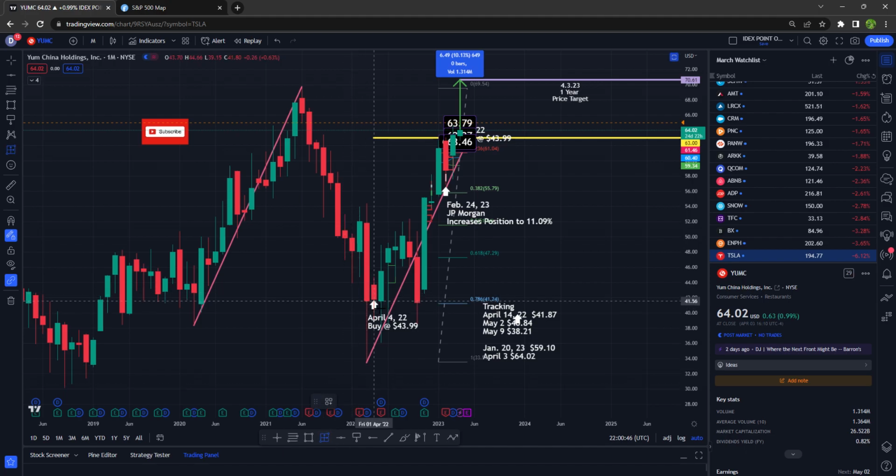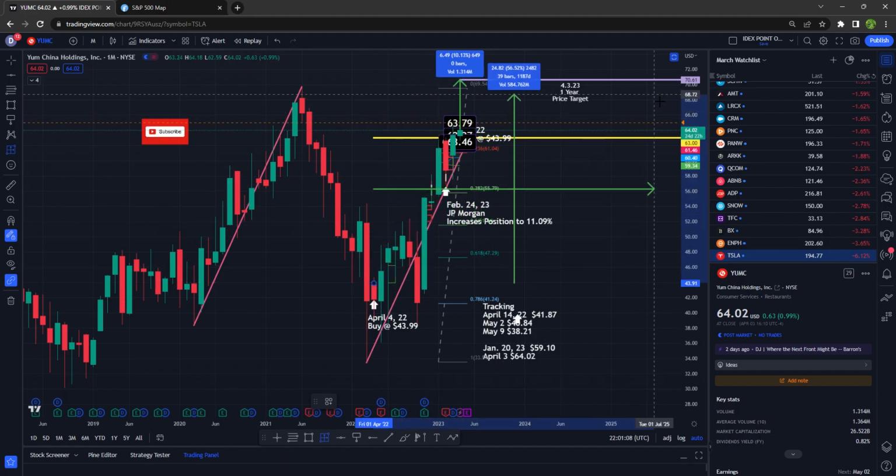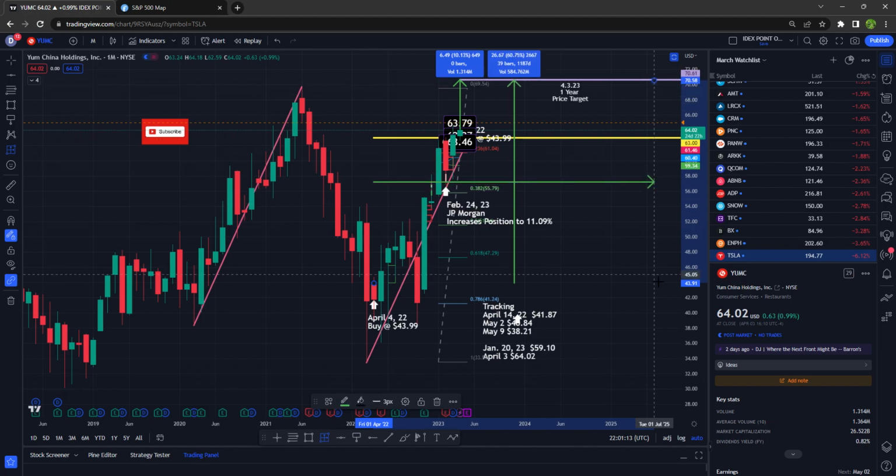So my return is roughly, actually, let me delete that. $43.99 is right about, I can't get it precise, but right here, let's just say. So my return right now is roughly going to be 60% if we make it to the 1 year price target. So I'm keeping my fingers crossed there.